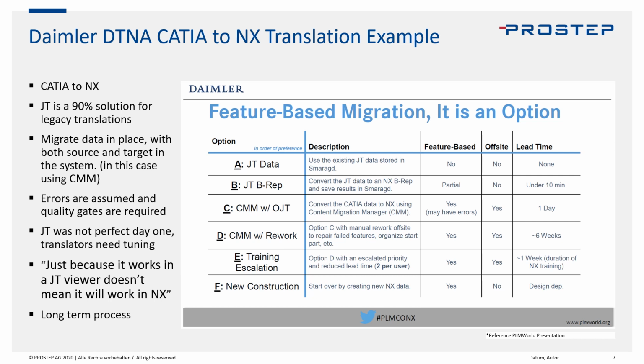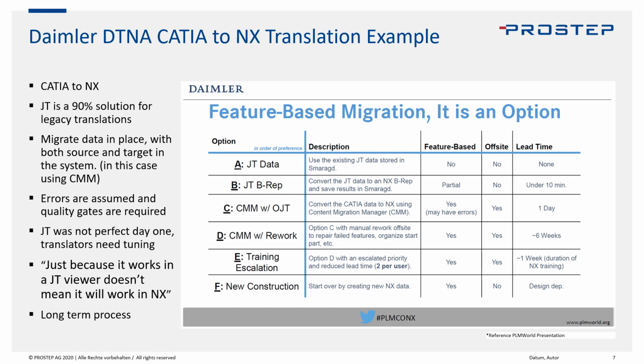And they did that not just by doing a feature-based migration for everything, but they figured out that, in this case, visualization data, JT data, was sufficient for 90% of the use cases, so they didn't actually need to go through the process of doing the translation in total. But then, when that wasn't sufficient, they could do a BREP in JT.